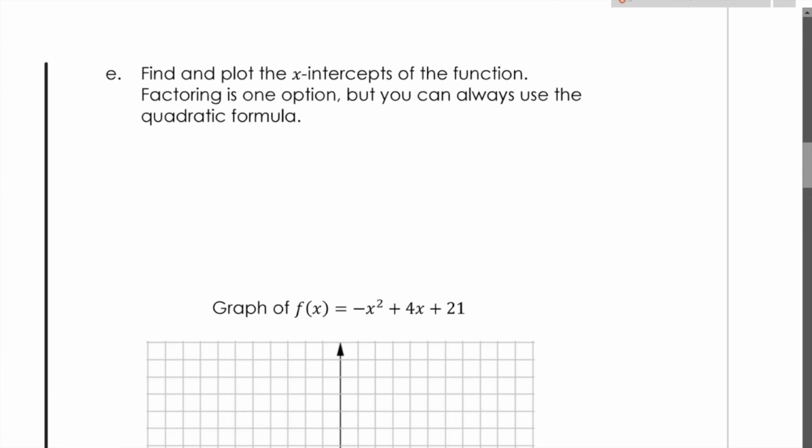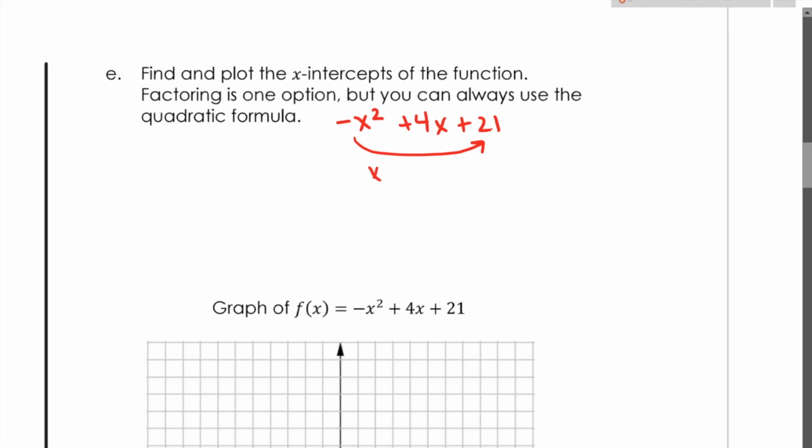Step 5 is to factor this out. The formula is -x squared plus 4x plus 21. Now we have to factor this out. First off, I'm going to multiply this negative to the 21 first.